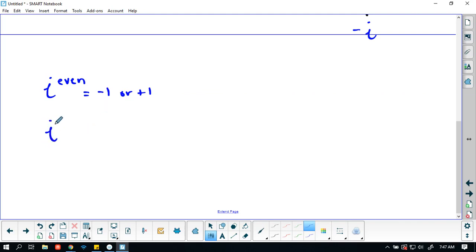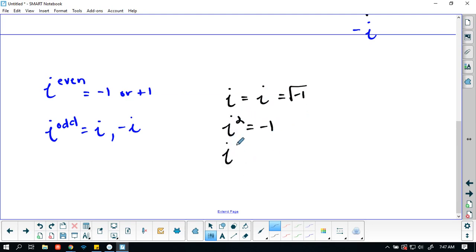If you have i to an odd power, then it's going to be i or -i. So again, if I had i, this is just i, because this is just the square root of -1. If I have i squared, this is -1. If I had i cubed, this is -i. If I had i to the 4th, this is actually +1.